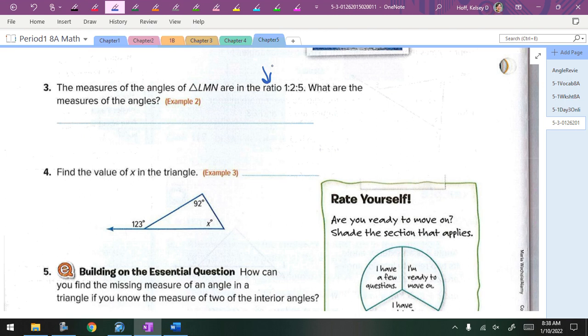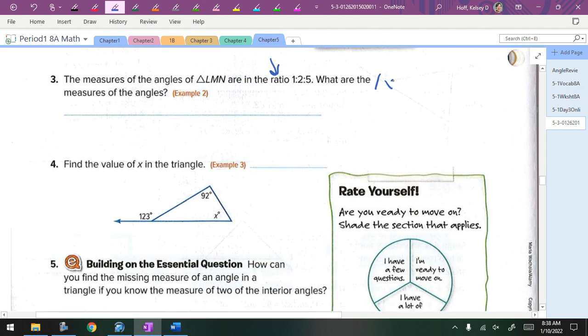Okay, when I see that word ratio, what does it remind me? I got to put the X's behind those numbers. So, can you set my equation up for me? 1x plus 2x plus 5x equals 180. Nicely done. What's my next step?